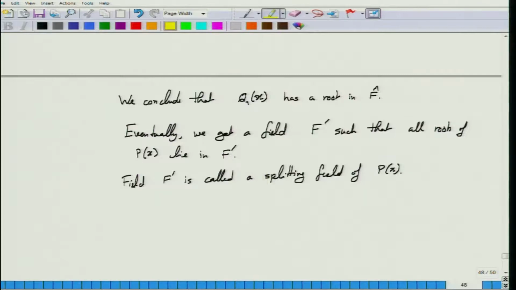There is a name for this particular field. It's called the splitting field of the polynomial P.